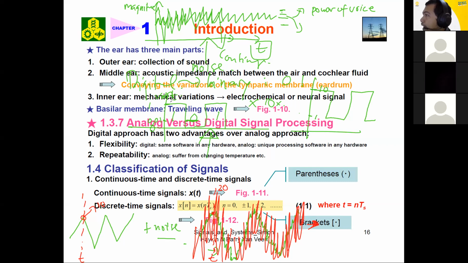Comparing to the digital signal, for example, this is plus noise. So this is plus noise. The output will become like this.